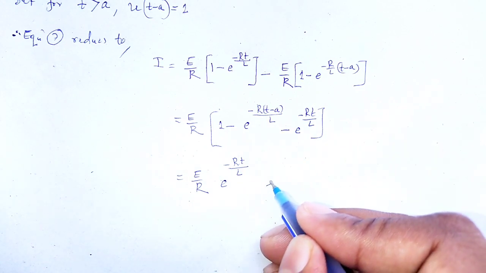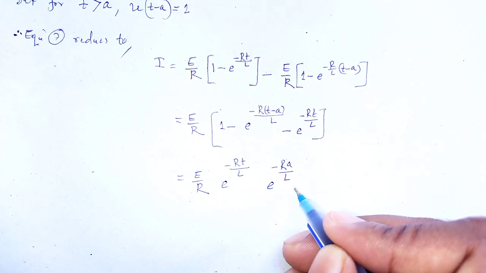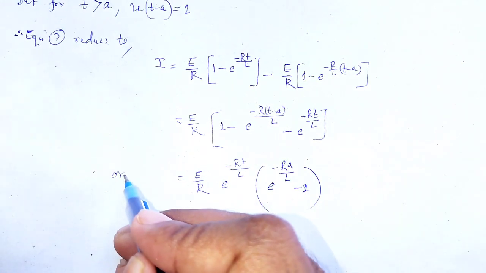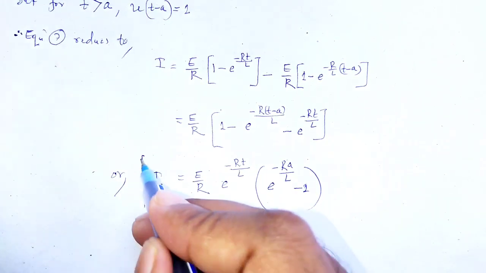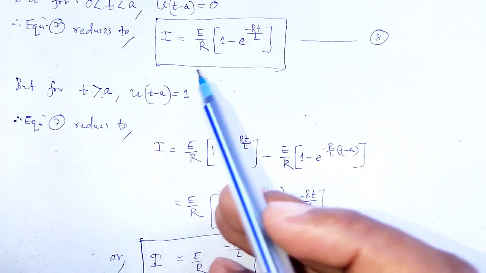We have e to the power minus Ra by L minus 1. That is the expression for I when t is greater than a.